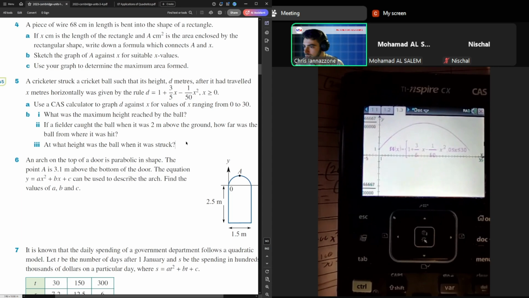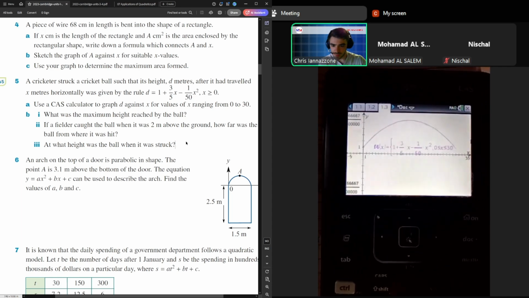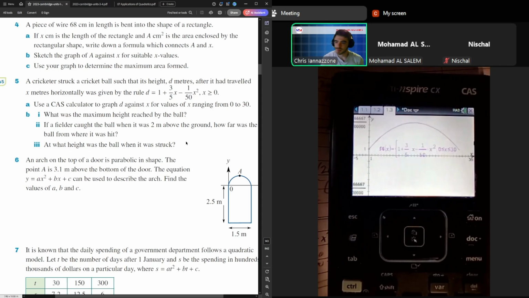Okay, so the first question that's actually a question that requires us to do something is to figure out what's the maximum height reached by the ball. So I'll let you jump back and forth between screens, and someone can let me know how you might find maximum height.